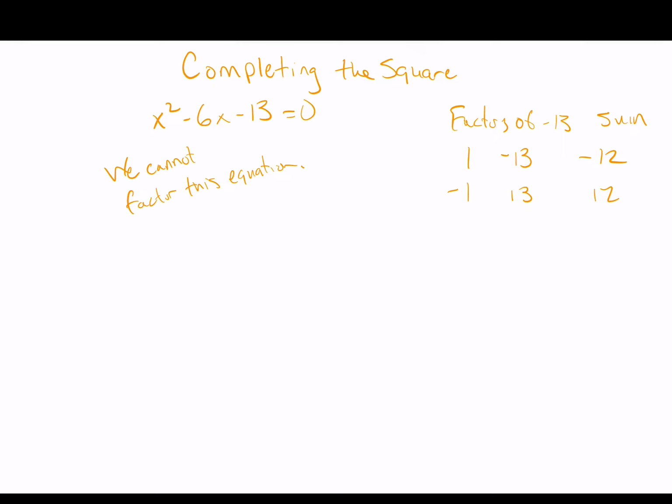So we want to complete the square. So first, to complete the square, what do we do? Well, we want to move, not add, move the constant to the right side of the equal sign.